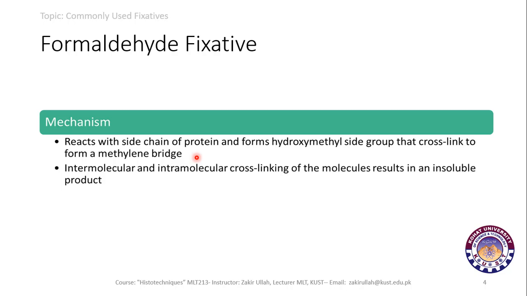After formation of this bridge, the intermolecular and intramolecular cross-linking of the molecules occurs, and these cross-linked molecules end in an insoluble product. So, the tissue is fixed in this way by formaldehyde.